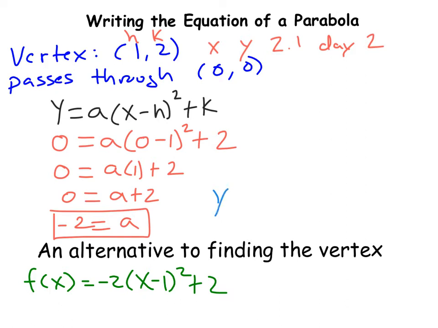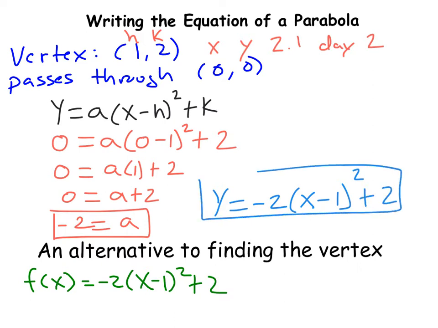Final answer would be that Y, right? I'm not going to keep the point 0, 0 in there anymore, but I will substitute in that A is negative 2, X minus 1 squared plus 2, and that quadratic would model the data that I was given, okay?